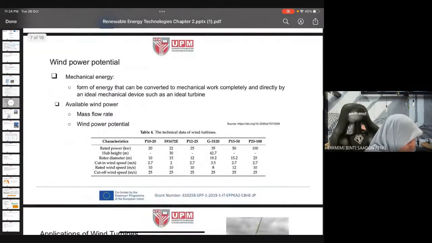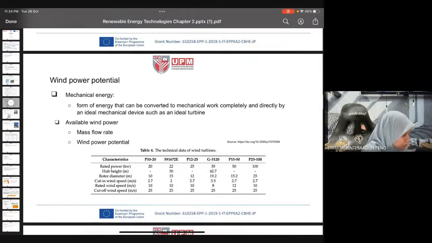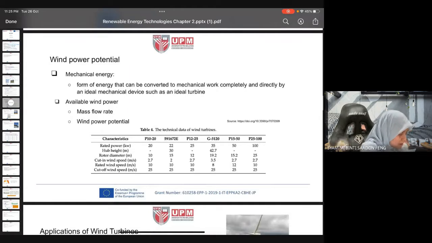Okay, wind power potential, mechanical energy. So what can this wind power do? It can be transformed into mechanical energy, converted into mechanical work by using a device which is normally a turbine.